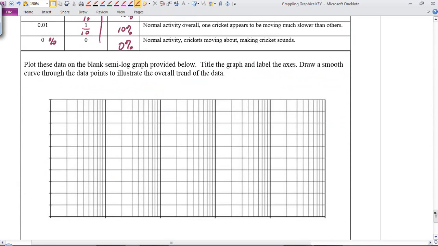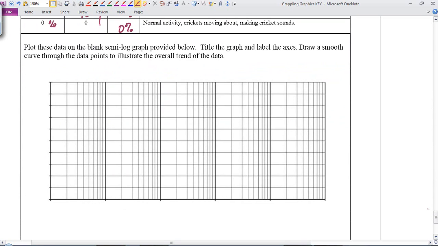Oh, there's some weird looking graph paper. All right, this is semi-log paper. Get used to the way it looks. It's got this wide part over here, and it gets narrow, more and more and more narrowest. And it repeats, and it repeats, and it repeats. So when you see it oriented this way, this is your clue, obviously, for this to be 0, 0.